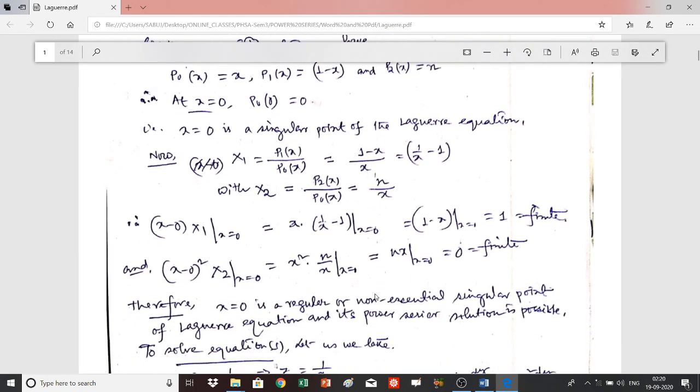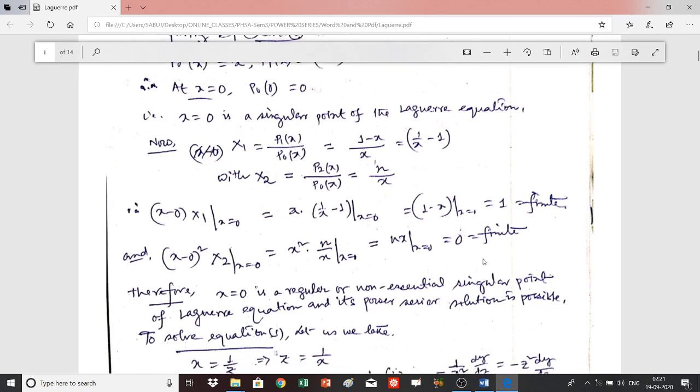Now to calculate x times X1 at x equal to 0, that is x times 1/x minus 1 at x equal to 0, and after calculation the value becomes 1, and that is a finite value. And then x squared X2 at x equal to 0 is computed here, and it is found to be 0, and it is also finite.